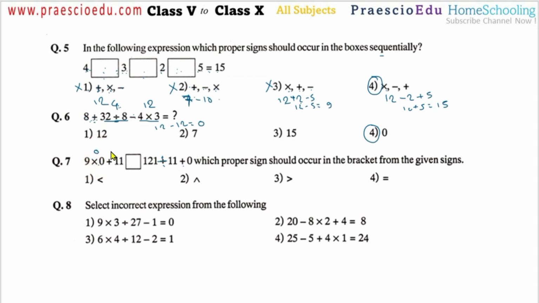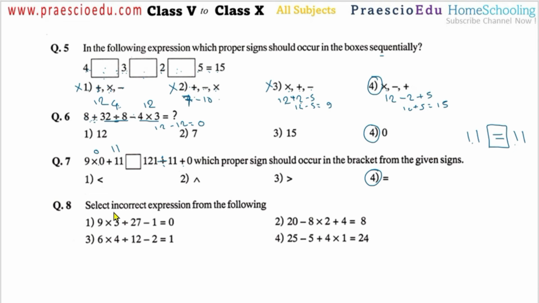So 0 plus 11 means here 11. So I'm just maintaining 11 here, and then this bracket, or we can say the box. Then 121 divided by 11. Of course this is 11, because 11 squared is 121. So the answer here is 11. So 11 and 11 means there is an equal sign. So equal sign means option number 4 is correct.